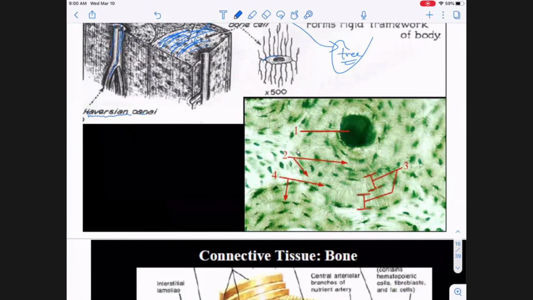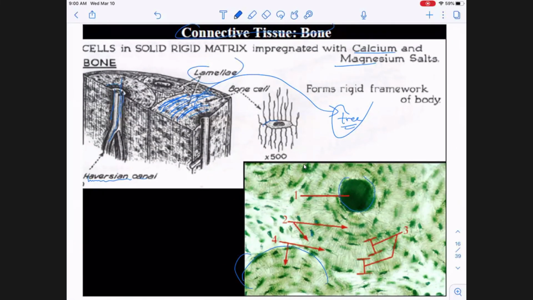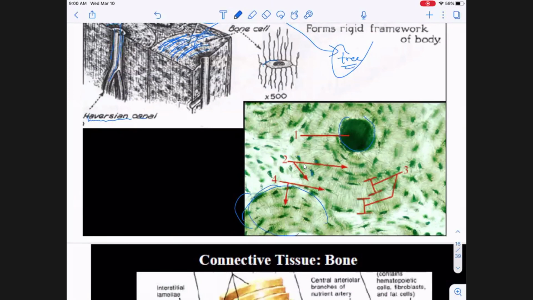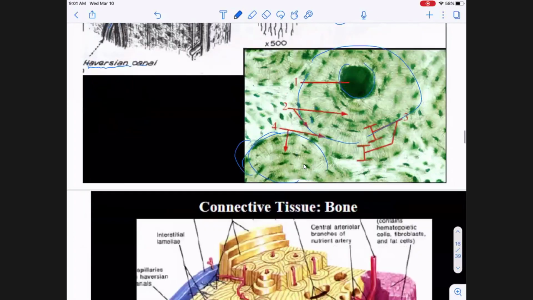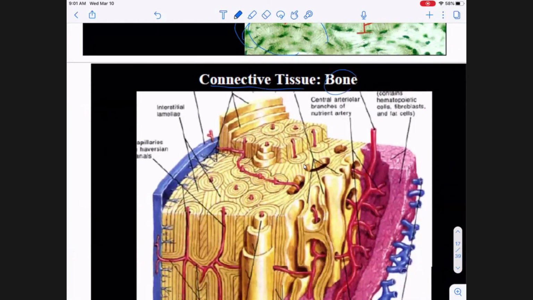Like this one, that's the blood vessel coming out, the traversing canal, and this one is the bone cells. So that's what we call lamellar structure. They self-assemble together, so they form a rigid framework of the body.